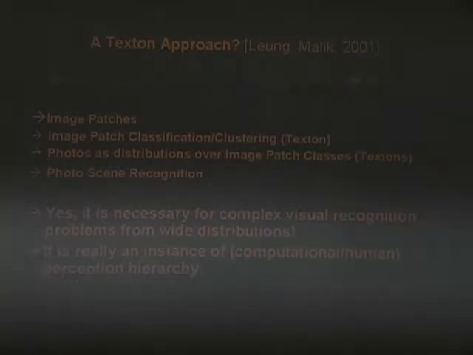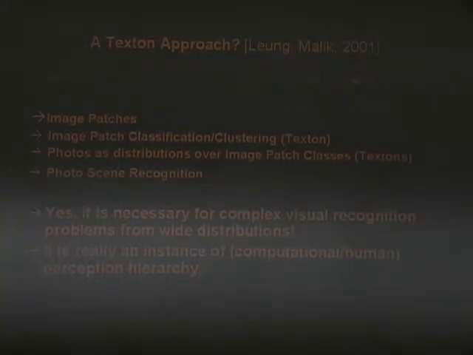Then we either do supervised image patch classification, or we do clustering if we do not have labels. This will be taken as an intermediate representation. We call it a texton. Then the photo will be a distribution over these K textons.